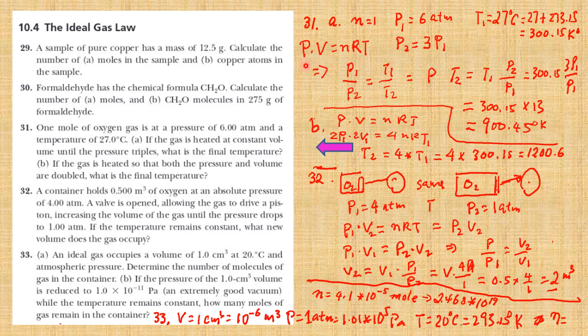If the pressure is reduced, it means there's a leak or we let go of the air. So how many moles of the gas remain? Then you do the same calculation, plug in the pressure and the temperature, and solve for n. All right, so that's this exercise. Hope it helps. Let me know if you have further questions.